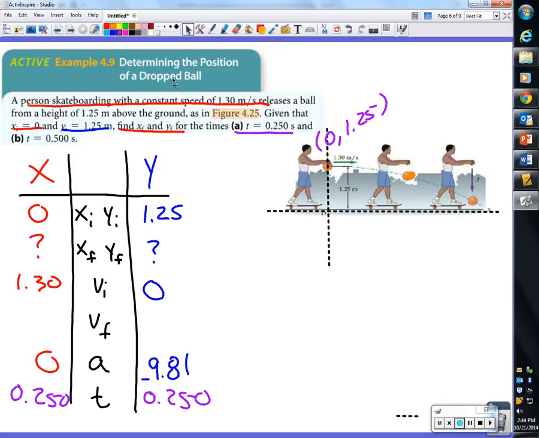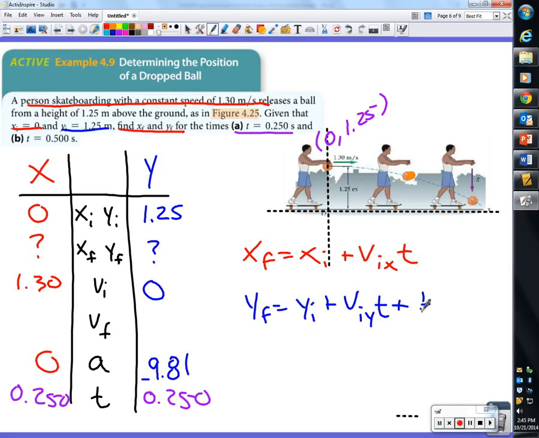Now, it's a matter of using these equations to get what we need to know. One thing I just want to remind you of: here, I changed that to a positive sign in the equation itself.